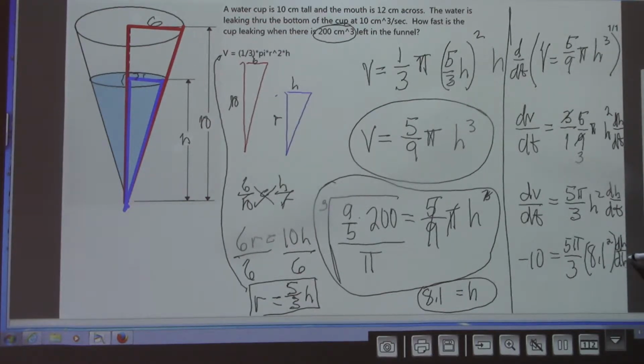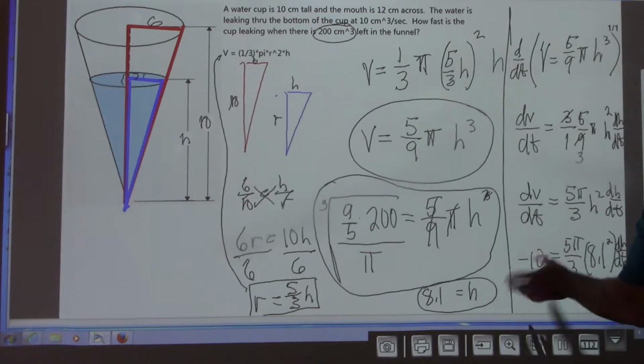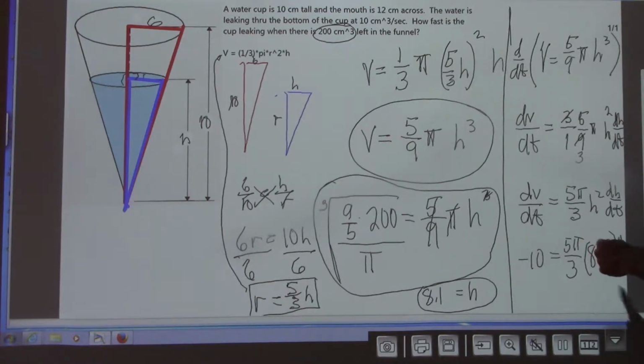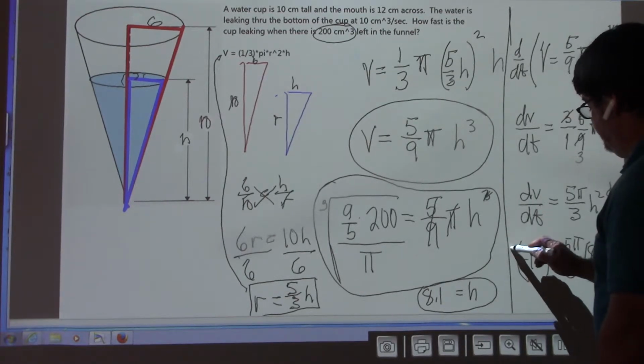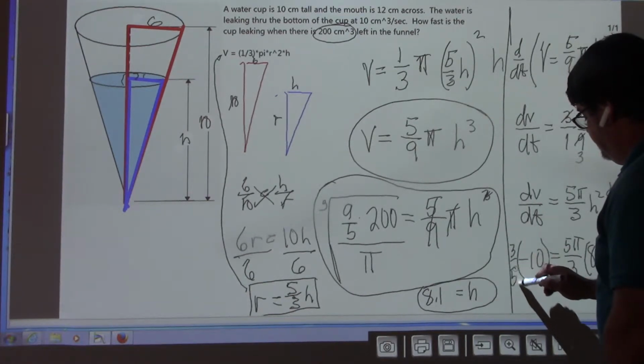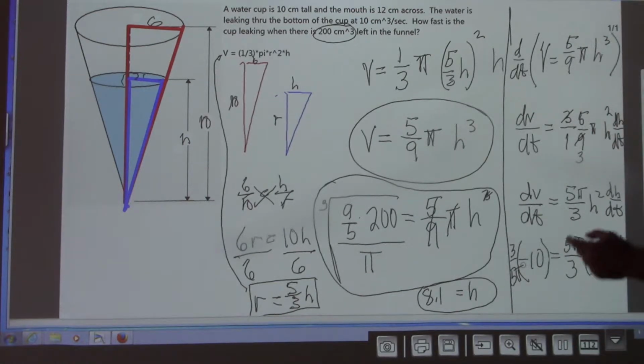And to find dh dt, we're going to multiply by 3 over 5 pi, and then divide by 8.1 squared.